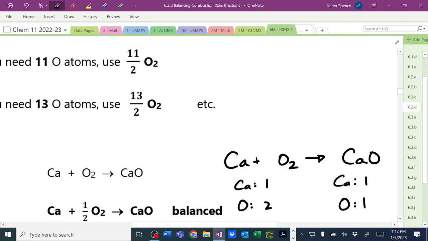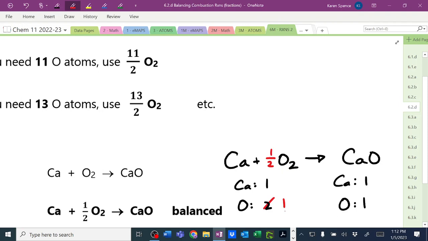What I could do is say I don't want to have 2 oxygens, I want to have 1 oxygen. So I'm going to put a half here, and that gives me 1 oxygen. So that's actually all balanced now, right? I've got 1, 1, 1, 1.